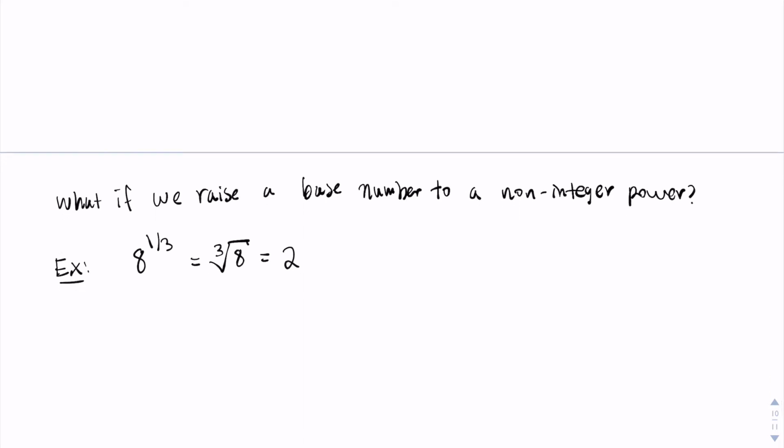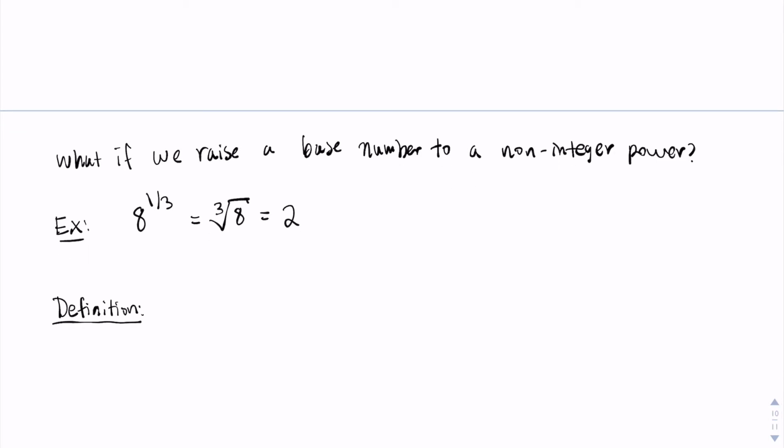So we're going to describe the cube root, the nth root. This is the definition that we will use. We say the nth root of a number, like this, the nth root of a.